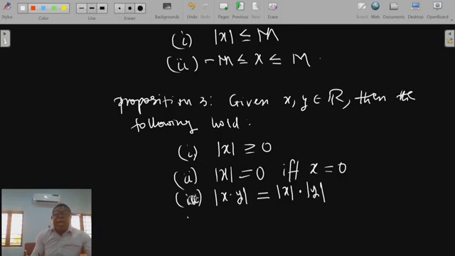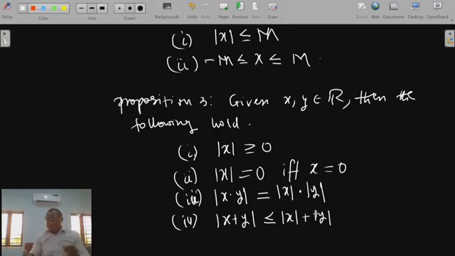Then this is number III. This is number IV. Number IV is telling us that if I take the sum of two numbers x and y and take the absolute value of the sum, then it is less or equal to the sum of the individual absolute values.